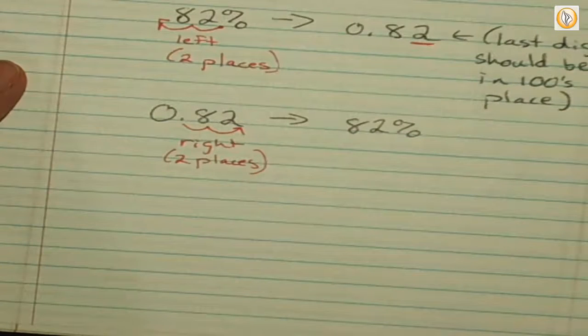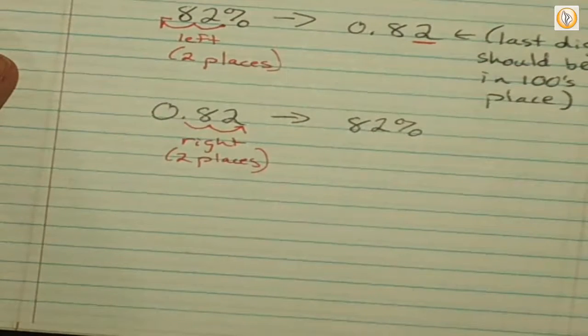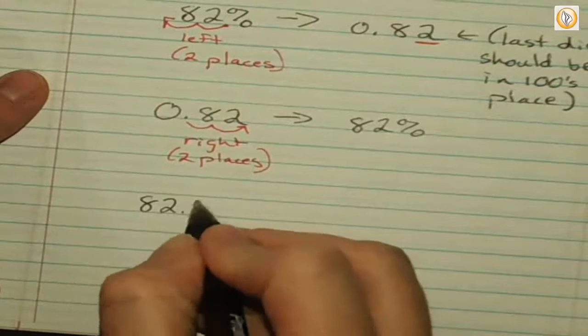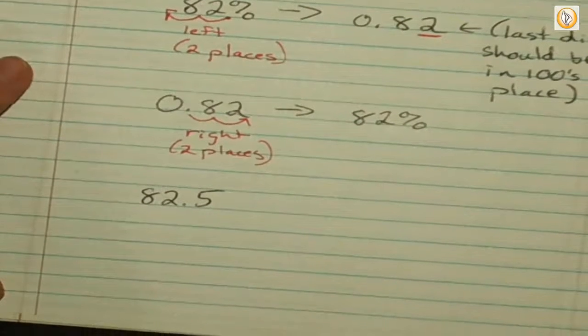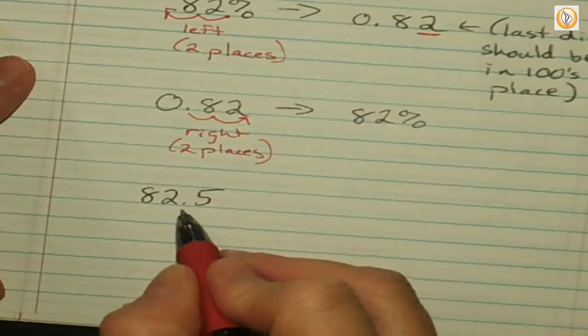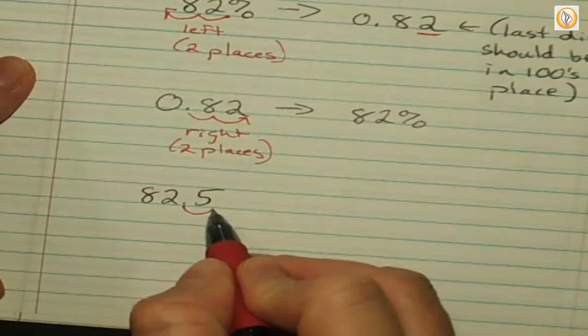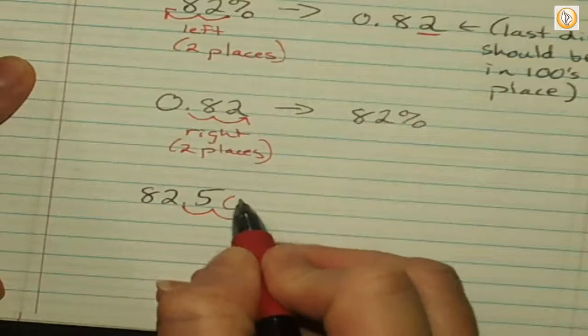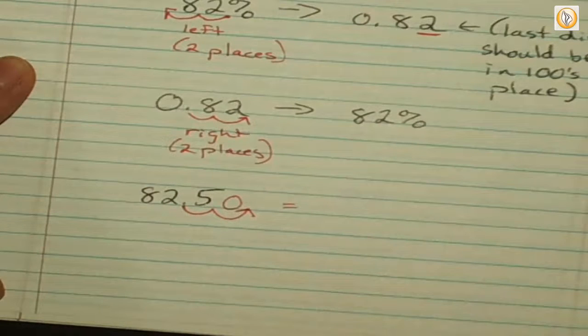What if you had like 82.5? How would the last digit be in the hundreds? Okay, let's say you have 82.5 and you want to change it to a percent. Or a fraction? Well, if we change it to a percent, we move it 2 places to the right, add a 0.